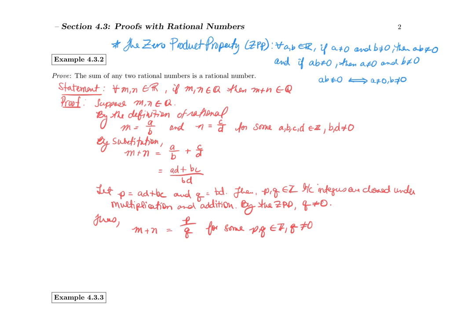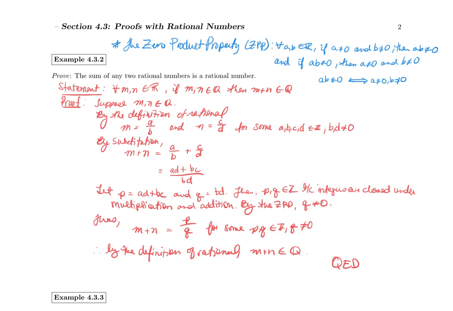So we can say then, therefore, by the definition of rational, m plus n is rational, and it has been shown. And you can write it out in words. You could say m plus n is rational. I typically tend to use the symbols.